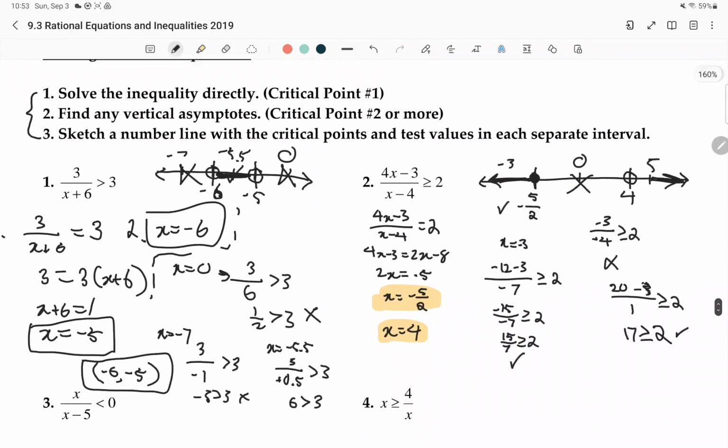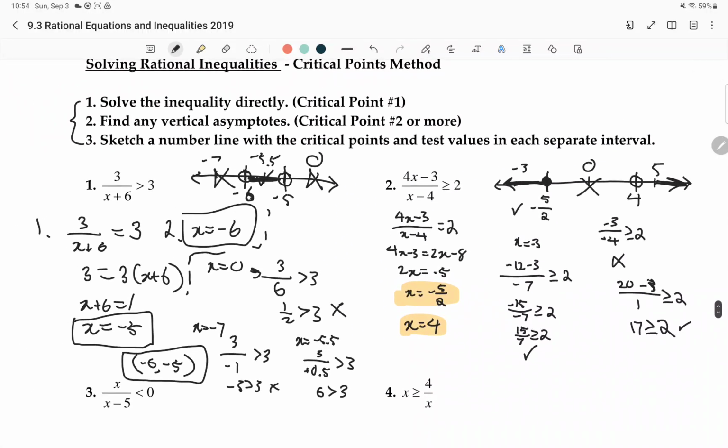So we're going to say that x is going to be less than or equal to negative 5 over 2, or x is going to be greater than 4.